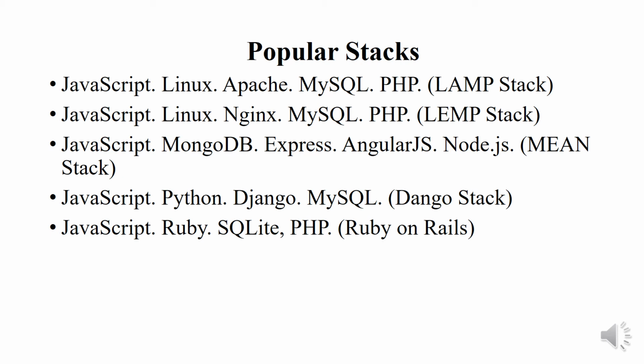For Ruby on Rails, JavaScript, Ruby, SQLite, and PHP. So these are the popular stacks, and related to a specific stack, the web developer should know the mentioned related languages, programs, and software.